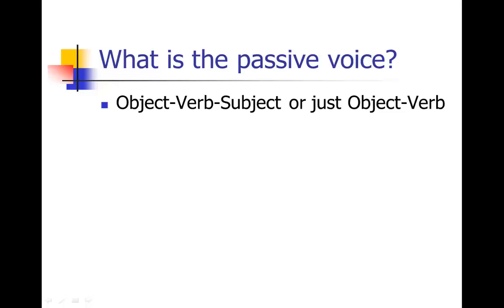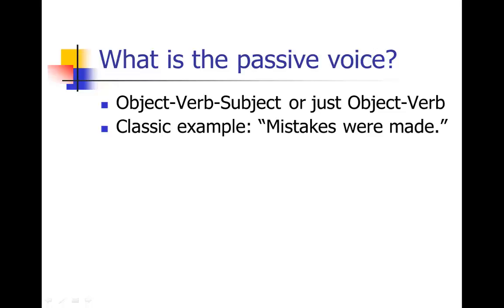Instead of she throws the ball, you would say the ball was thrown by her, or the ball is thrown by her. That's a really awkward way to talk. And so we never talk in the passive voice, but somehow when we sit down to do academic or scientific writing, a lot of us start to write in the passive voice. It is also very awkward in writing.